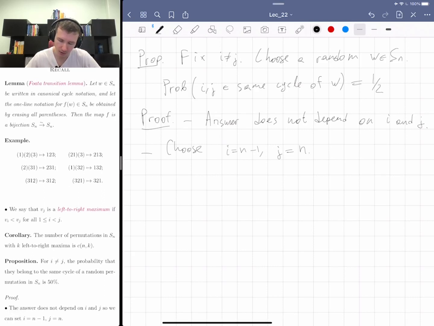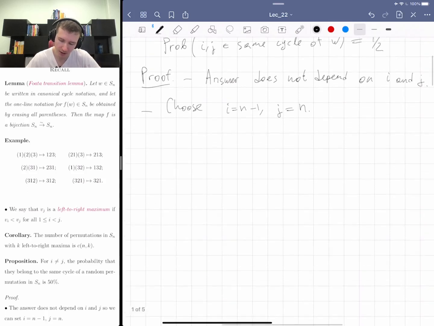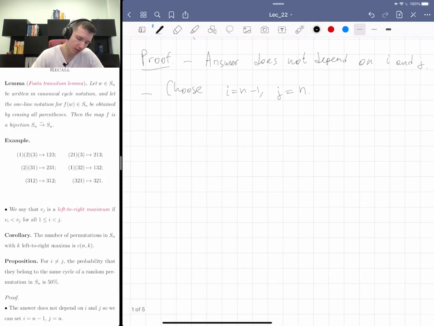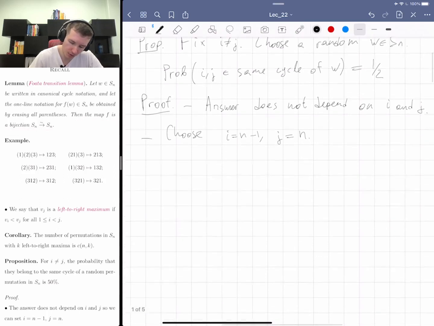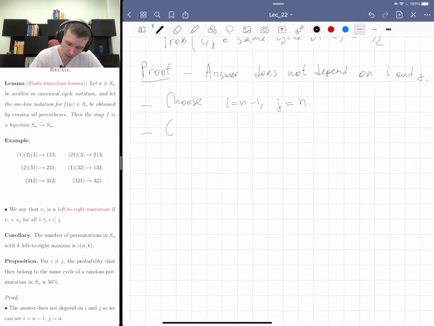So, okay. And now the trick that I'm going to use is this bijection here. So I want to apply the inverse of this map. So let's say maybe I choose a random permutation v in Sn. And then let w be f inverse of v.